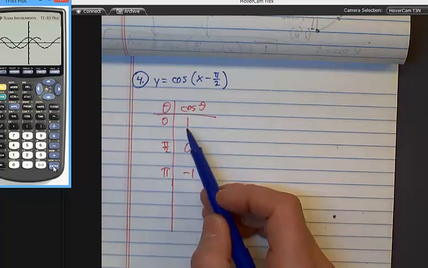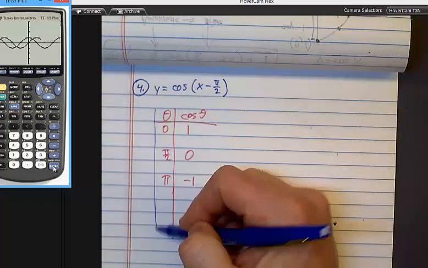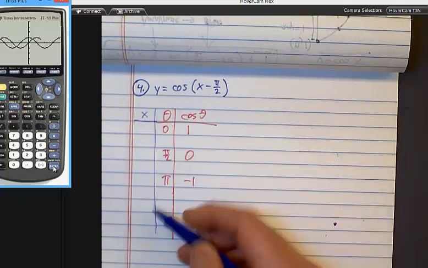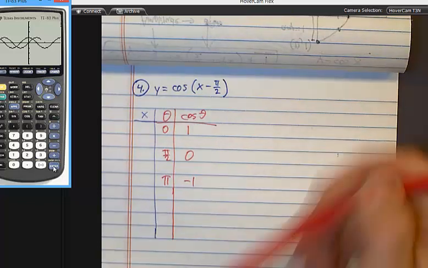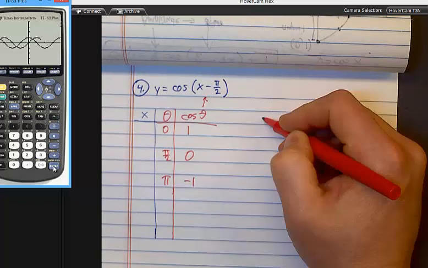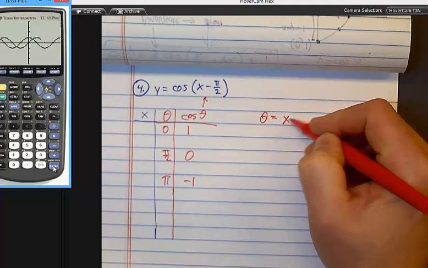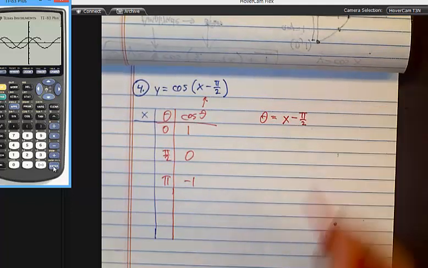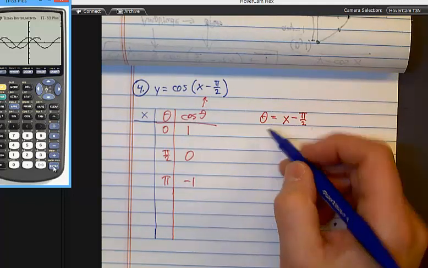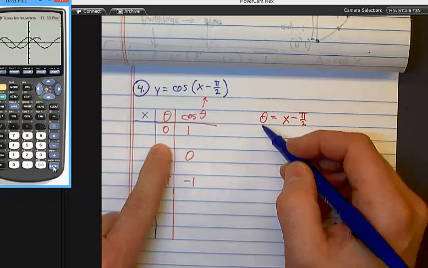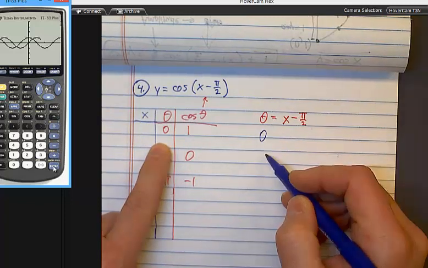See, because what I want is to figure out what x is. And remember that my theta in this problem is x minus pi over 2. Right? In other words, if I give you some value like 0 for theta, what x value works?